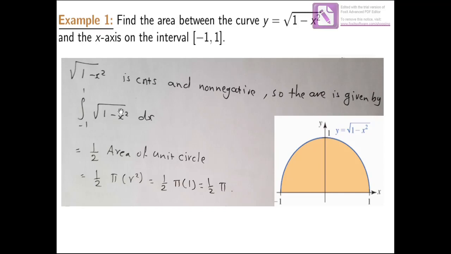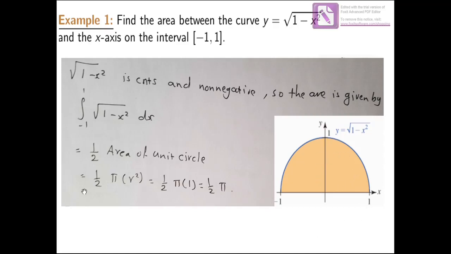But this integral is difficult to evaluate. We know that the graph of y equals root of 1 minus x squared is the upper half of the circle with radius 1. So the area between root of 1 minus x squared and the x-axis is half the area of the unit circle.